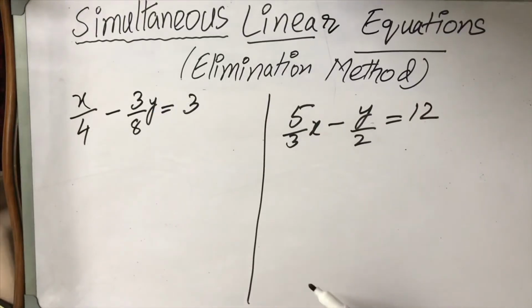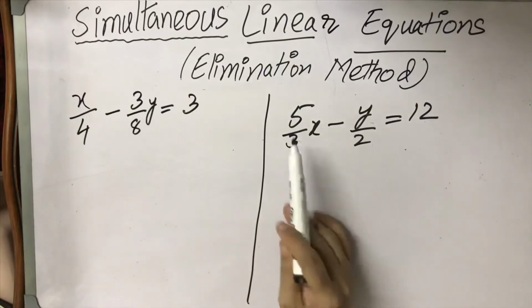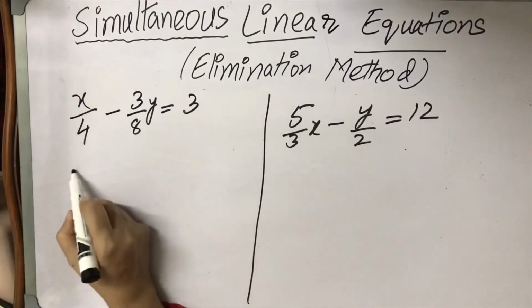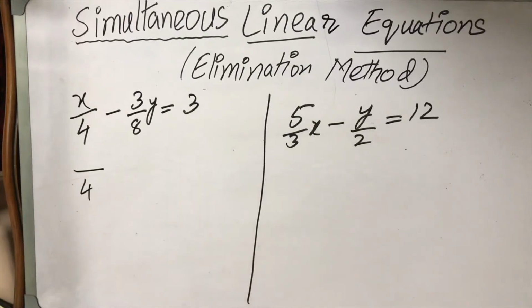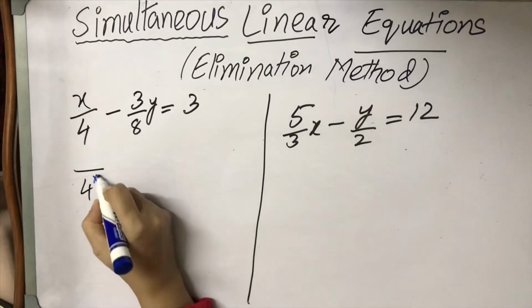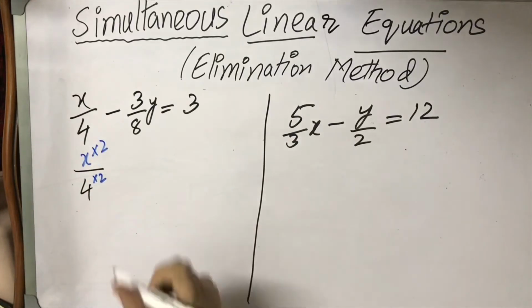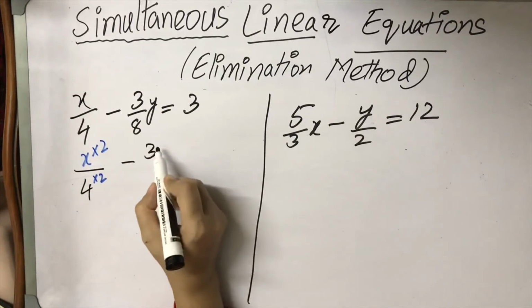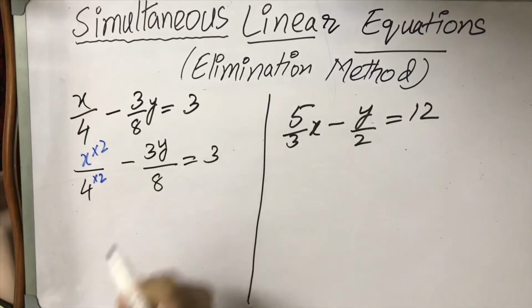The last question which I am going to discuss with you, again we are going to bring it into standard form. Okay, 4, how much are 8? So this x will also be multiplied with 2. Minus 3 over 8y can be written as 3y over 8 equals to 3.